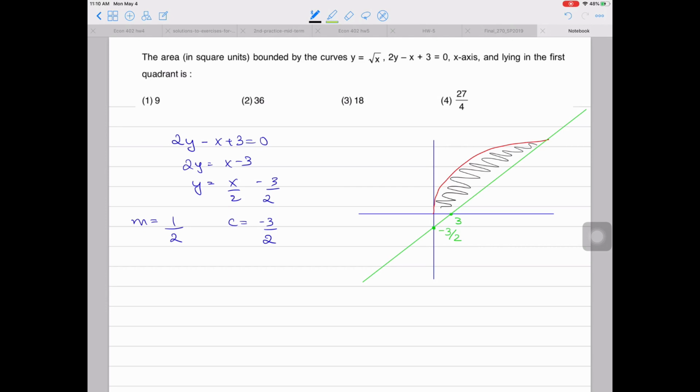So for that, we need to find this intersecting point, and this can be our upper bound, and the lower bound over here would be 0. So to find this, we need to equate the equations. We know that the parabola is y equals under root x, which means x equals y squared, and from the line we have x equals 2y plus 3.